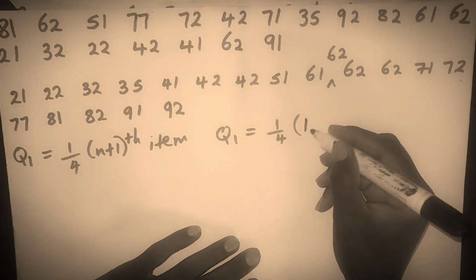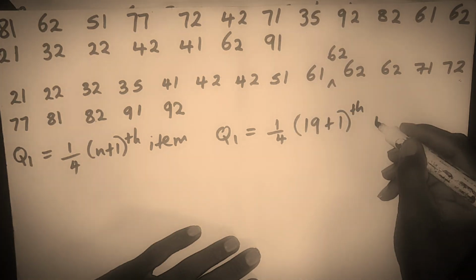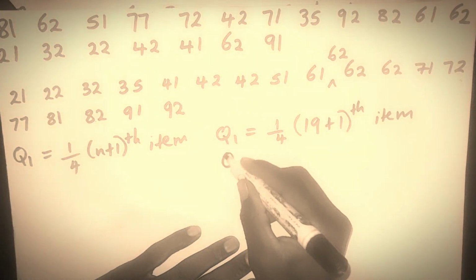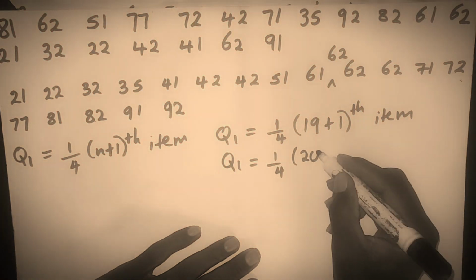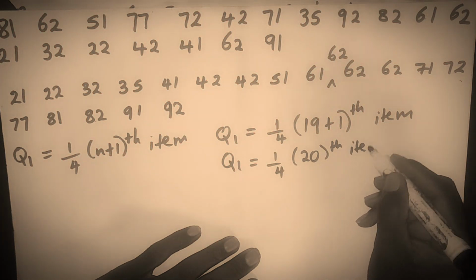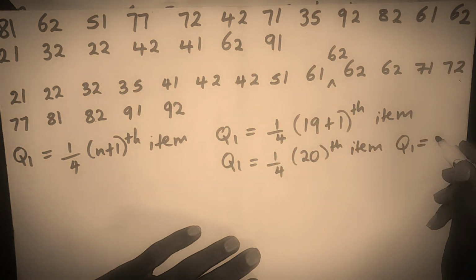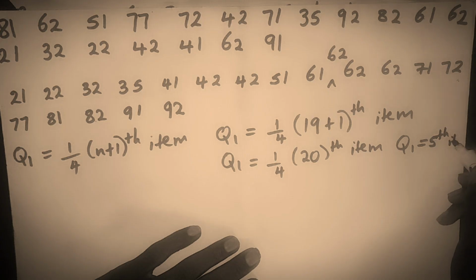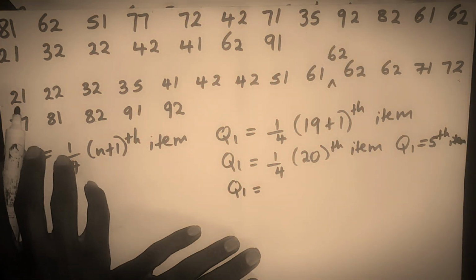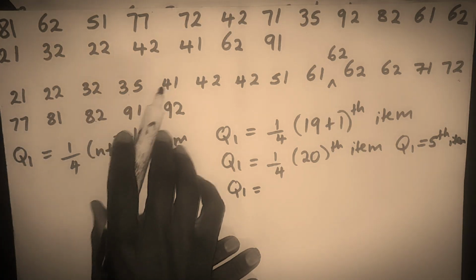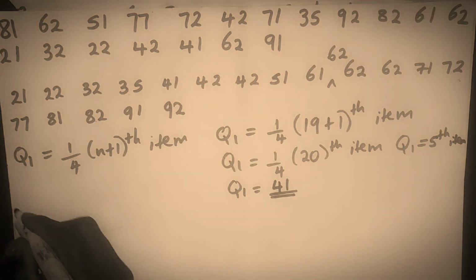So we have 19 observations plus 1 the item. Therefore, the first quartile is 1 over 4 of 20 the item. 20 divided by 4 is 5, so we say the fifth item. Counting 1, 2, 3, 4, 5, the fifth item is 41. So that's the first quartile.